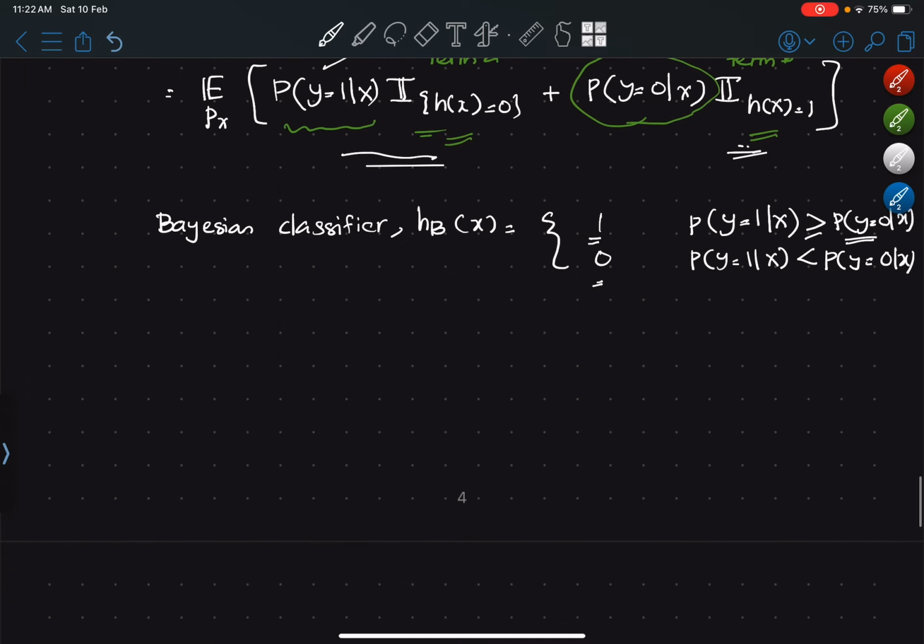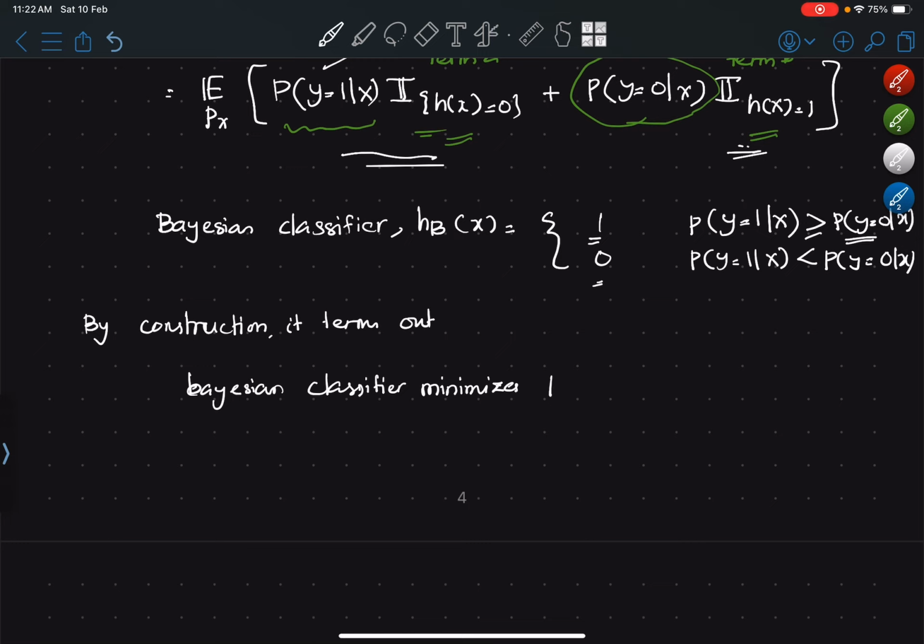So by construction, it turns out the Bayesian classifier minimizes the risk.